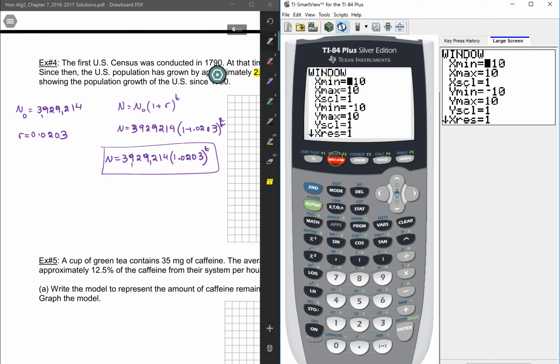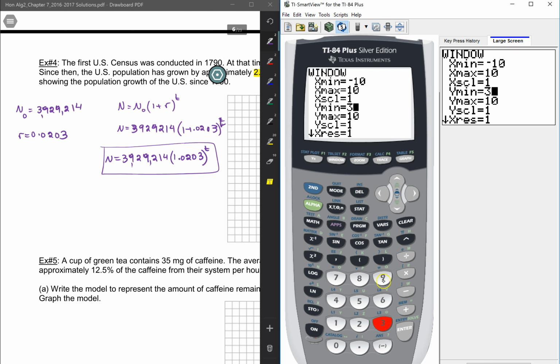So I need to modify my window for the y-axis. I'm surely not going to need any negative numbers because that would mean a negative number of people, right? So what's a good one to start with? At the start of this problem, how many people were there? 3 million, blah, blah, blah. So that's pretty much where I want to start.